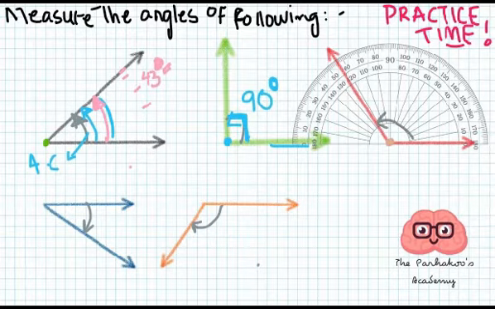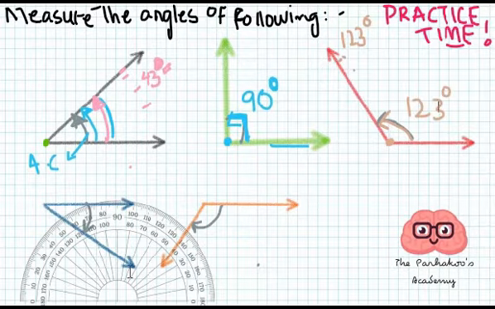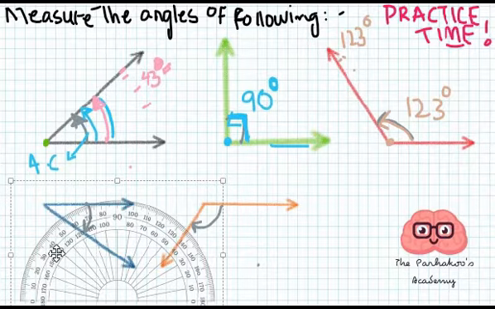Since we have to measure anti-clockwise, it's the inner circle again. So 10, 20, 30, 40, 50, 60, 70, 80, 90, 100, 110, 120 and 1, 2, 3. So this angle is 123 degrees.